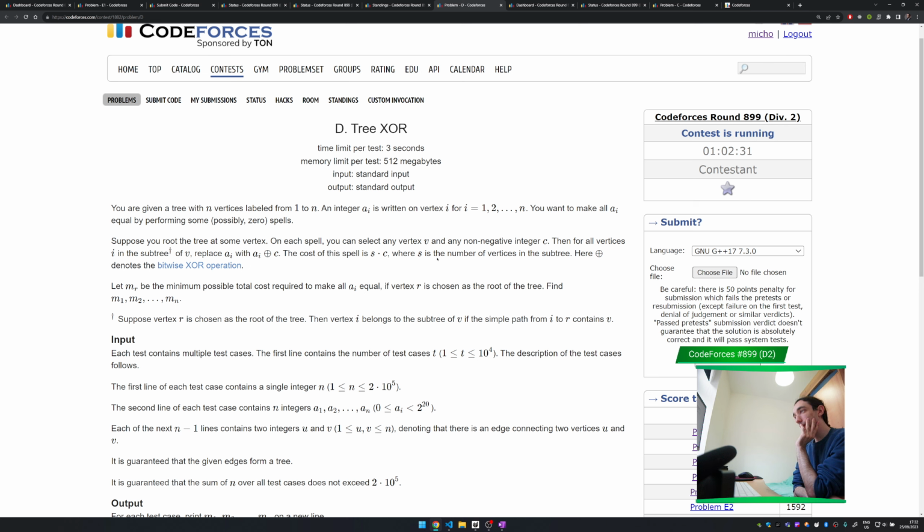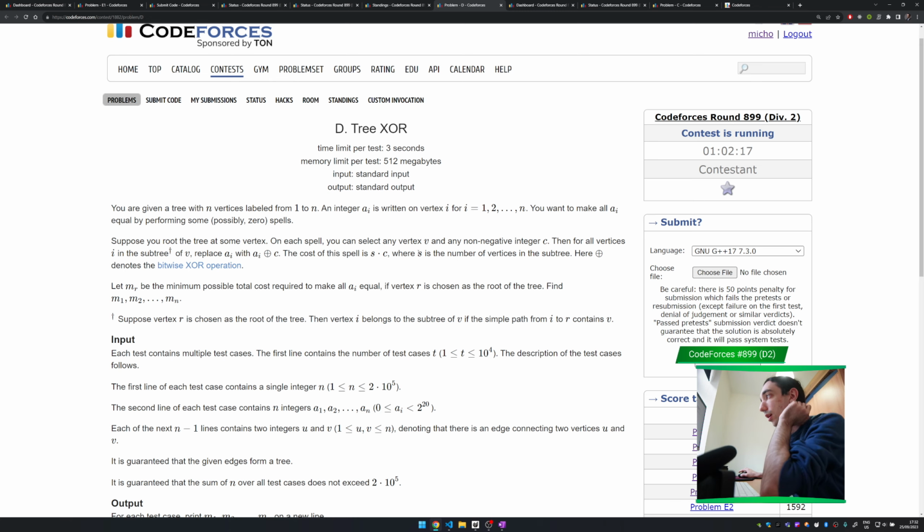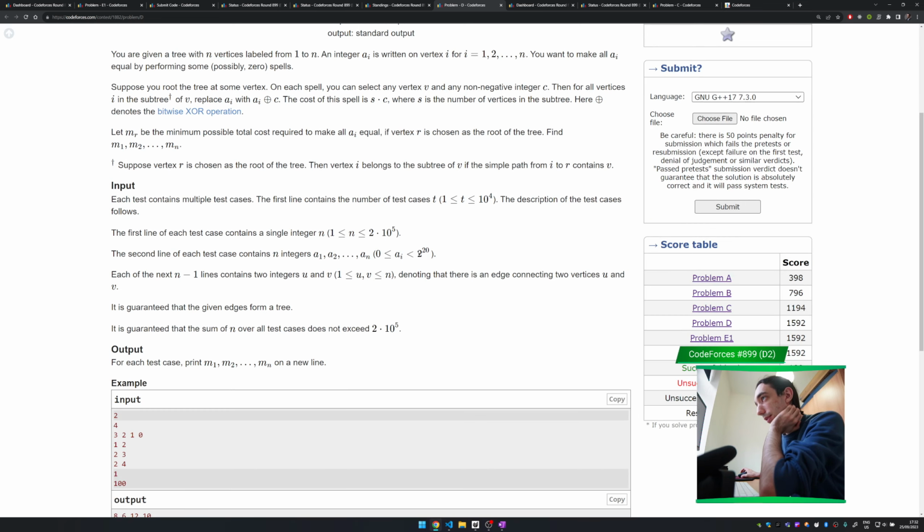There will be one vertex which will remain the same. Okay, first observation: there will be one vertex which will remain the same. Let's pick this vertex that will remain the same.